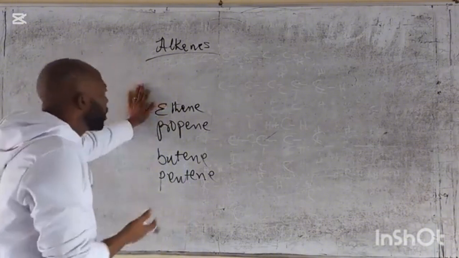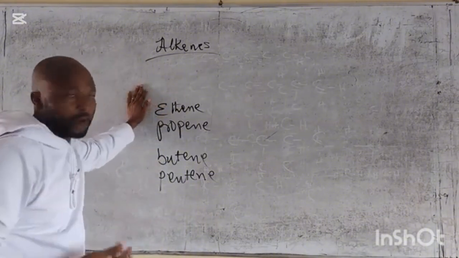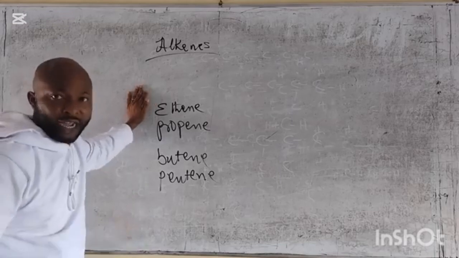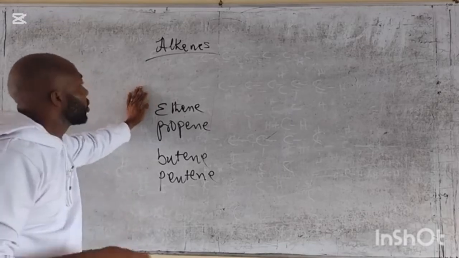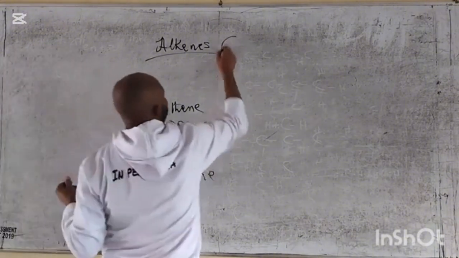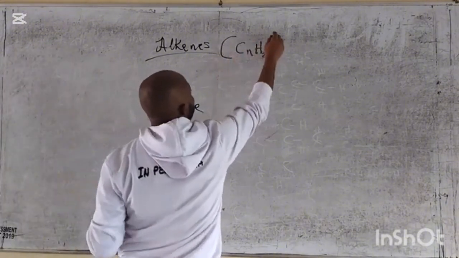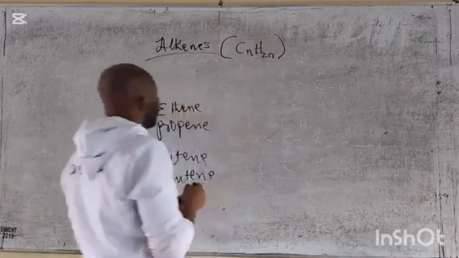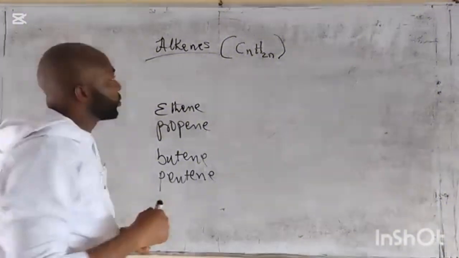Now, how do we know how many carbon atoms and hydrogen atoms will be there? Remember, the alkenes are unsaturated hydrocarbons, which means they have a double bond between their carbon atoms. Their general molecular formula is CnH2n. So if we use this, ethene means n is 2, am I right?